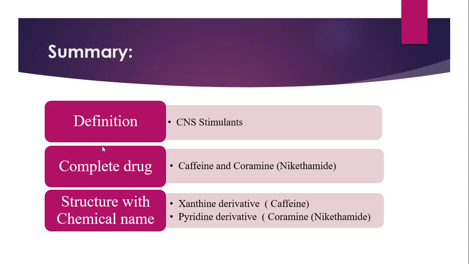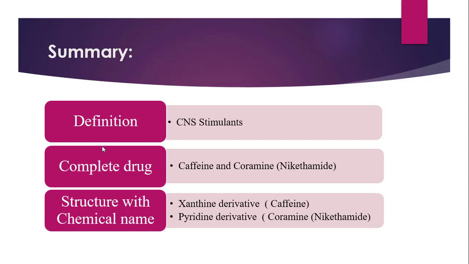If a generalized question is asked in the exam, draw the structure of a drug containing pyridine derivative, then from the topics covered till now, it could be INH or nicotinamide, whichever you prefer. If they specifically ask you to draw the structure of an anti-tubercular drug which is a pyridine derivative, then you are supposed to mention INH. And if they ask for an analeptic containing pyridine derivative, then it is obviously nicotinamide.